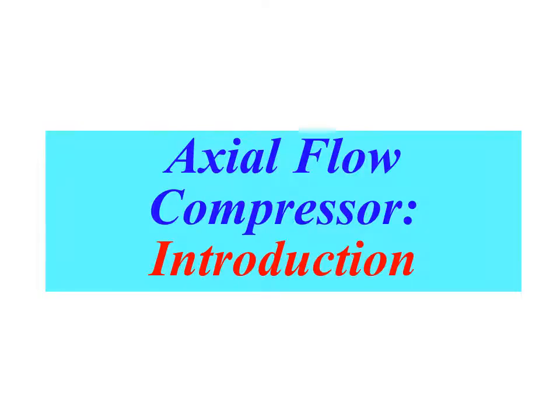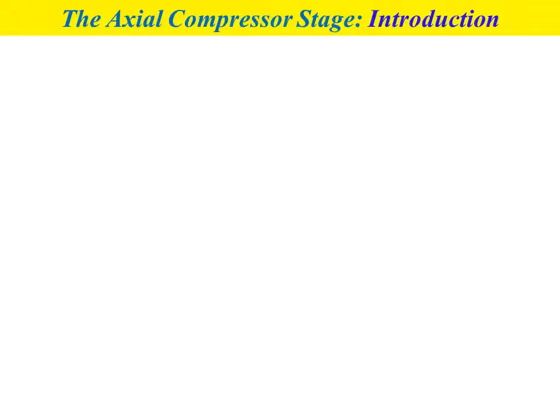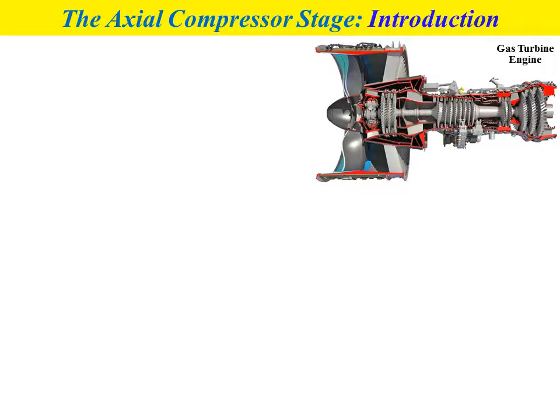Let's start with an introduction for the axial flow compressor. An introduction to the axial compressor stage. The figure shows the cross section of a gas turbine engine. Now our focus is the different stages of the compressor.